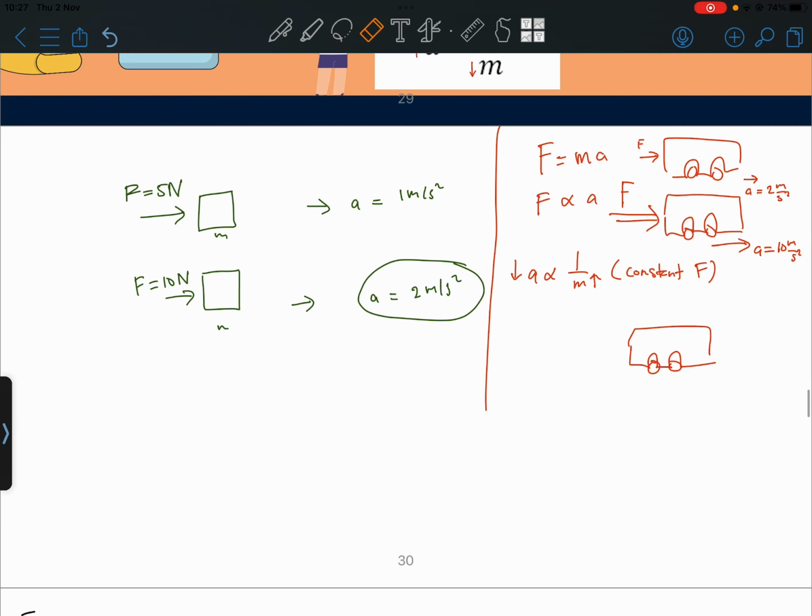This one has mass of 1 kilo, for example. We apply the same force, 10 Newton. But this one is a heavier toy car, and we apply the same force. This is 10 kilogram, for example.